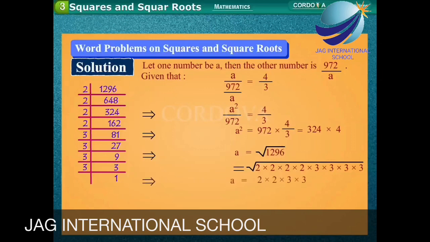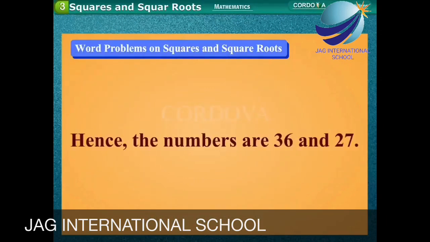This implies a is equal to 2 into 2 into 3 into 3. A is equal to 36. Therefore, one number is 36 and the other number is 972 upon 36, which is equal to 27. Hence, the numbers are 36 and 27.